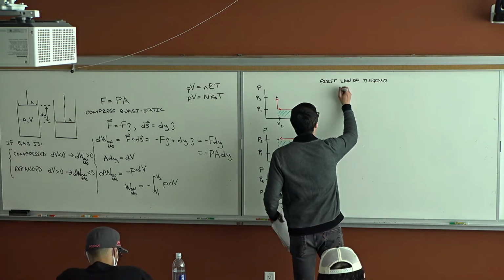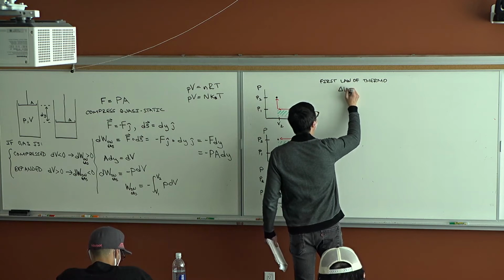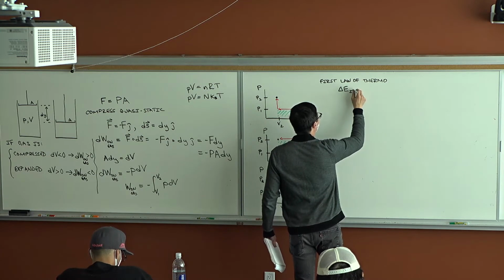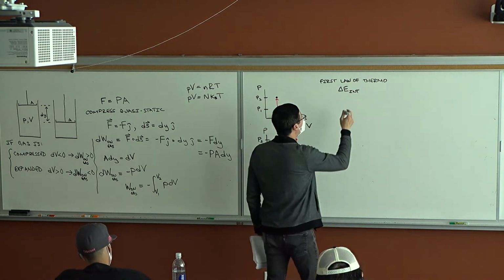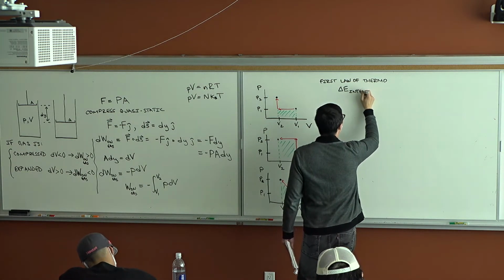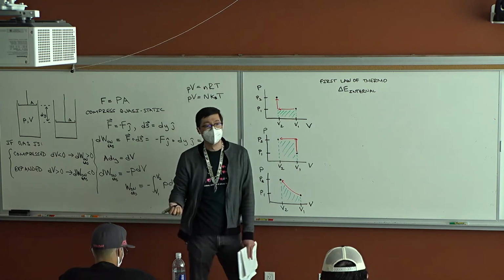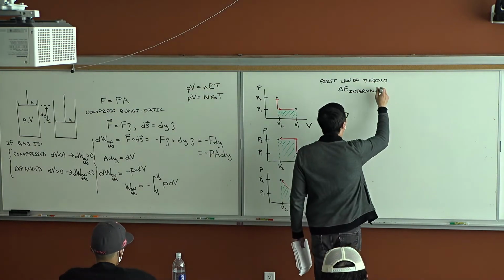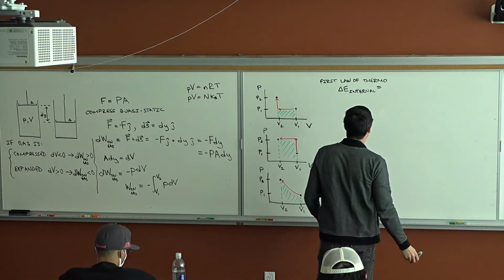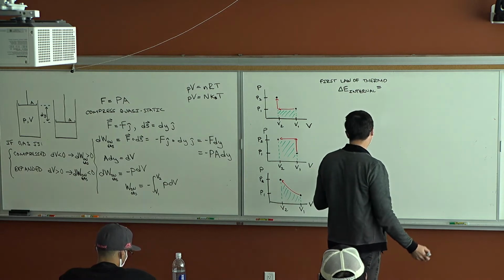So we're going to say that delta E internal, this is probably the only time all semester I'll write out internal, is going to equal Q plus the W on the gas.